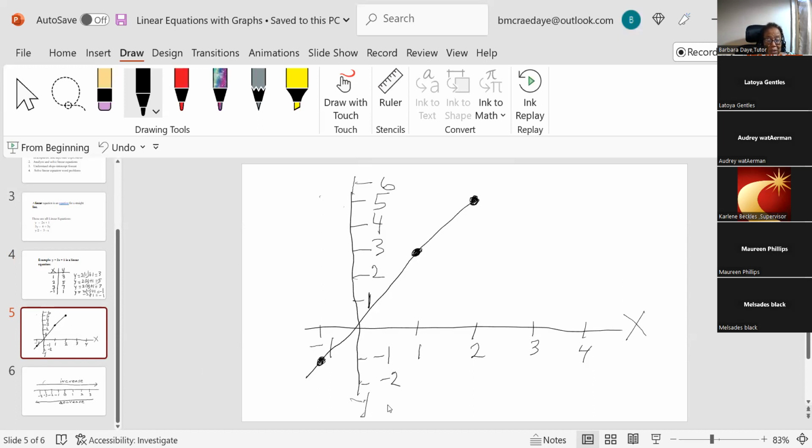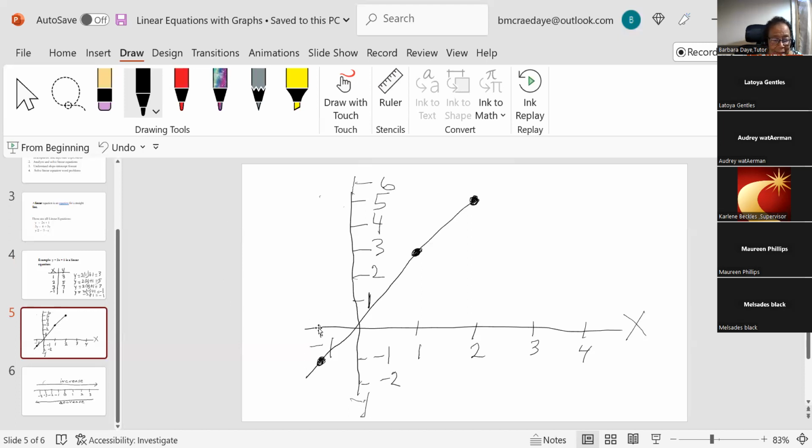So we found from the table, right? X is 1, Y is 3. There's my point right there. That's where they intersect. If I go here, there's a 3 on the Y. Come down here, there's a 1 on the X. When X is 2, that's on the X line, I go up to Y on the Y line is a 5 right here. See that? That's coming directly from the table.